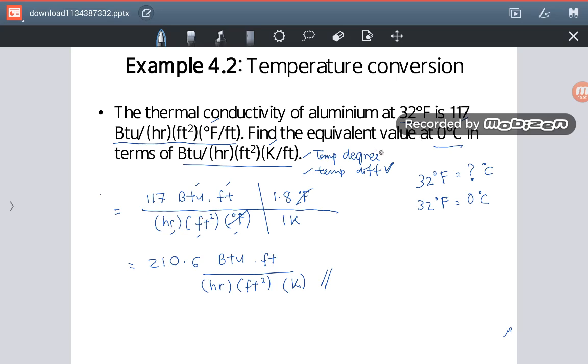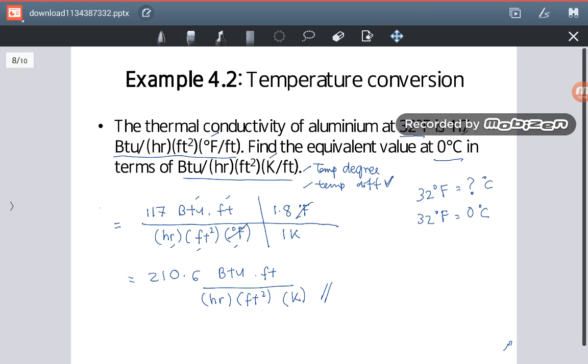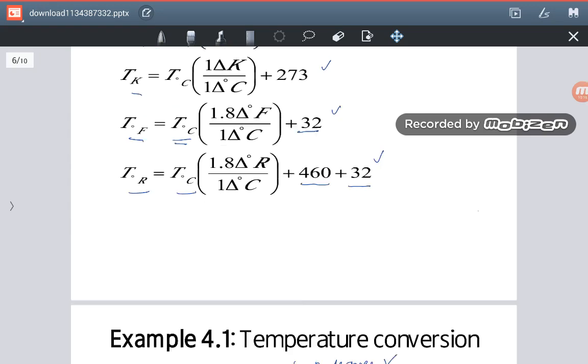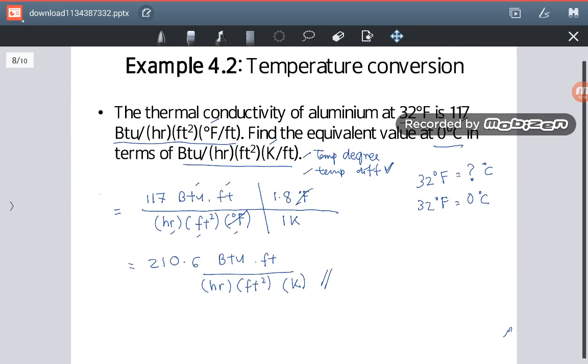For the temperature degree, you need to follow these equations. It's a bit longer compared to the temperature difference type of solutions.